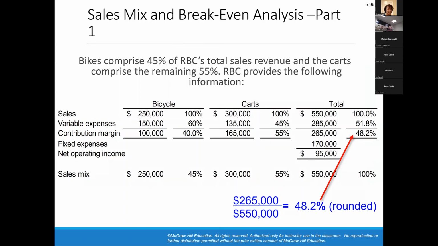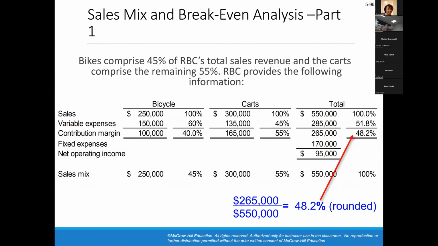These are our percentages over here, our contribution margin percentage and our variable expense ratio. Then we have our carts. This is the new piece that came in. It shows that the variable expense ratio is 45% and the contribution margin ratio is 55%. So it's a little different. And when you total them together, this average is 48.2%. The way they calculated that was they totaled your sales and your variable expense to get your contribution margin of 265.